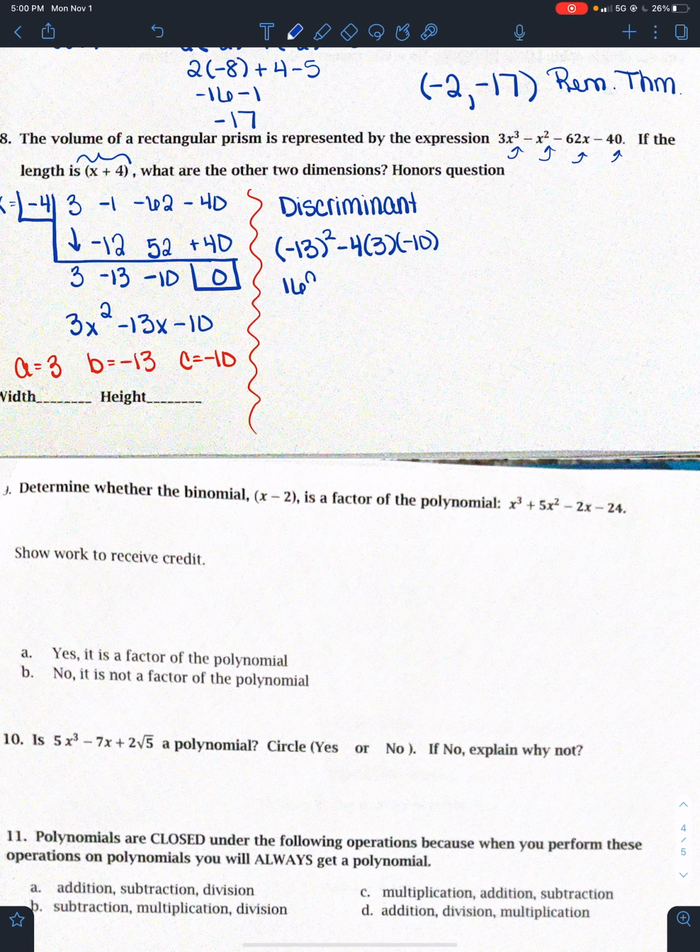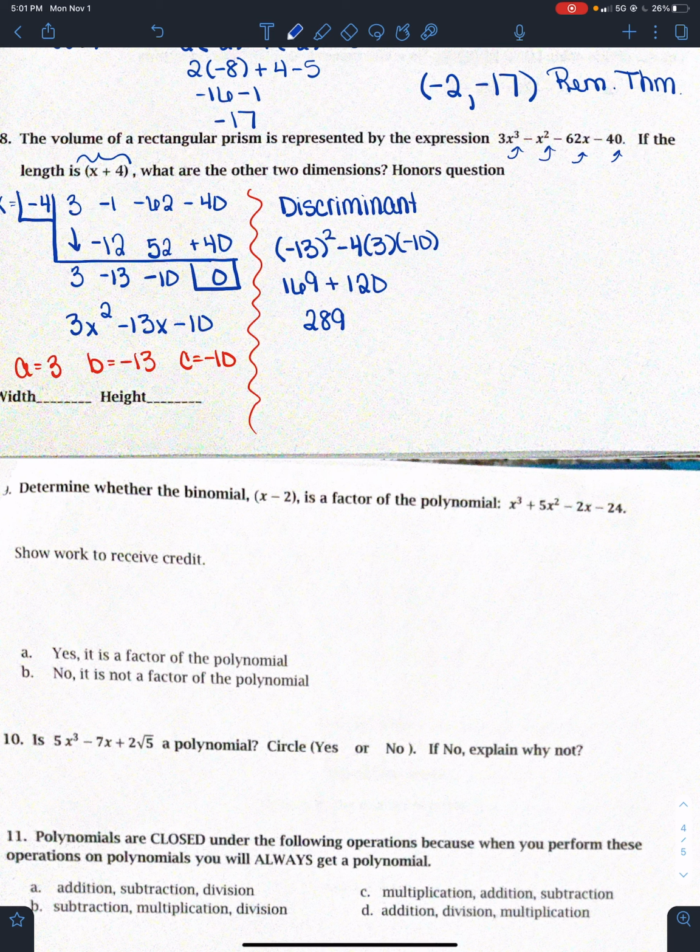So I have 169. This is going to be a positive 120. When I 169 plus 120. Give me 1 second. Just checking my work here for a second. All right, so 169 plus 120 will give me 289.